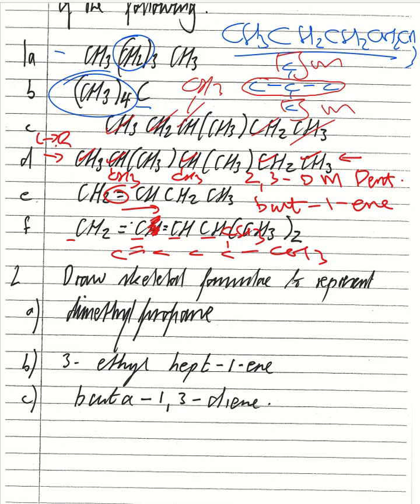If I look for my longest carbon chain, it is 1, 2, 3, 4, and one of those 2 CH3s is in the longest carbon chain, so that makes it 5, which makes it a pent. We also have this methyl group here, which is on number 2. So we have 2-methylpent, the double bond is on number 1, ene.